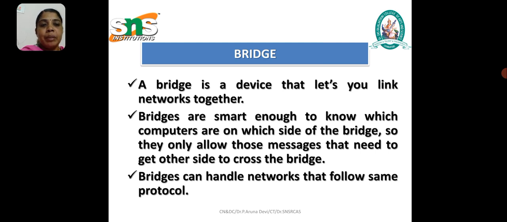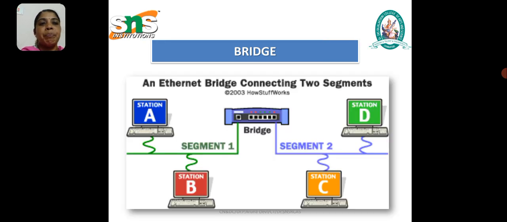Not all the data can be passed; required data only passes through bridges. So it can be easily handled by the network through some protocols. A bridge can communicate with segment 1, segment 2, segment 3, etc., so station A, station B, station C and D. Whenever required, it can communicate with the required stations, not all stations.